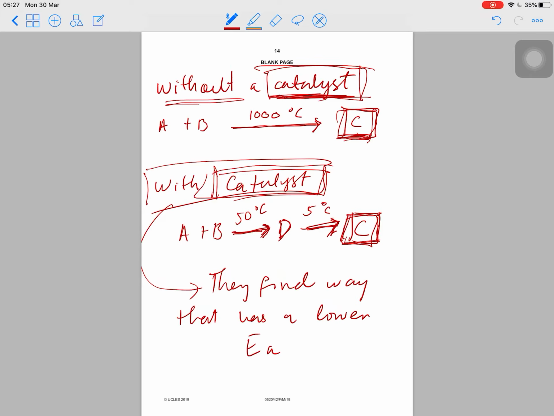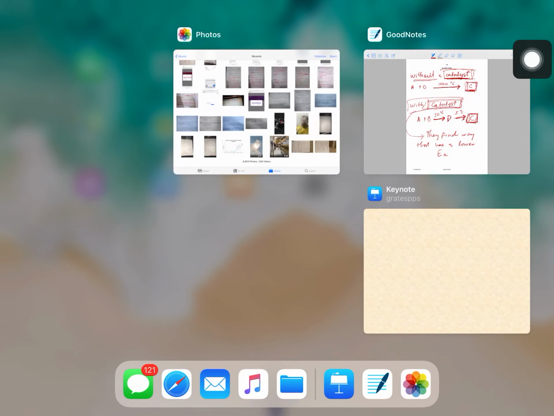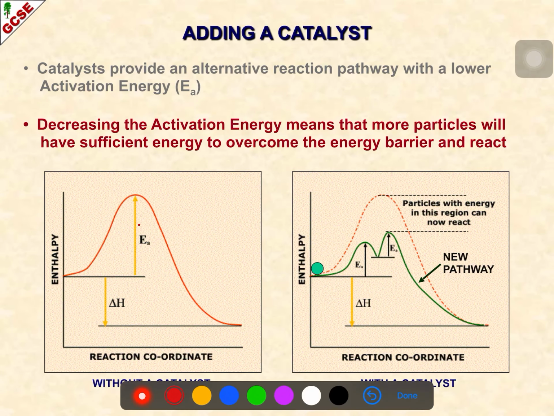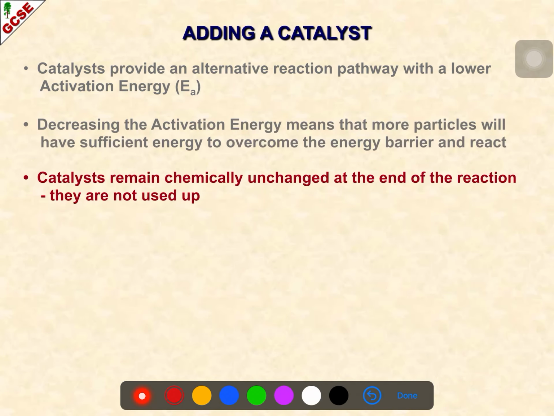All right, unlike without a catalyst, where you will go directly straight forward. Okay, so let's go back to this one. So that's why here you have a higher activation energy versus a lower activation energy. Okay, you see it's faster.